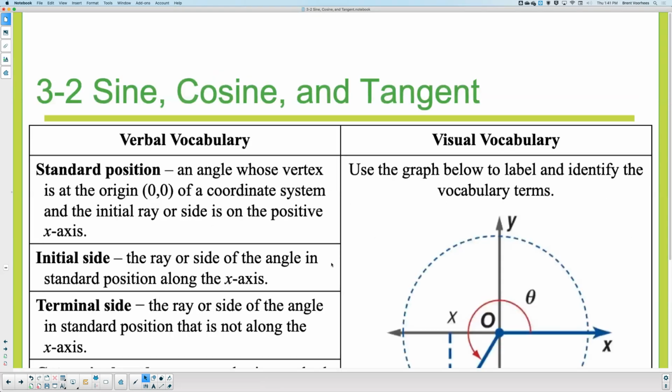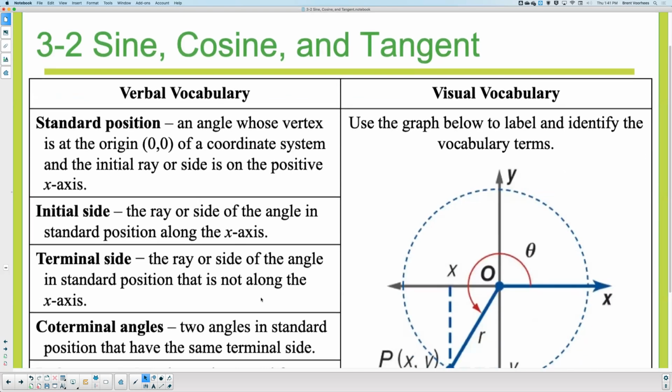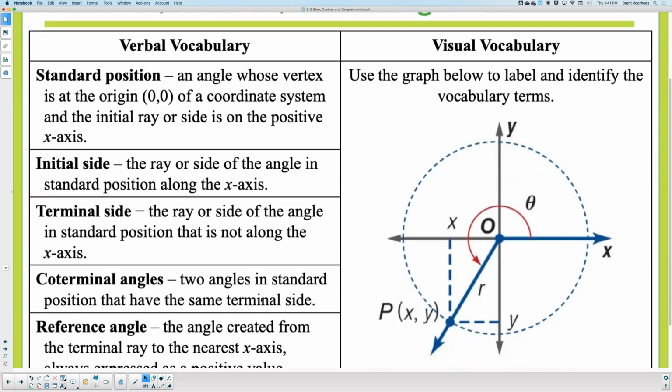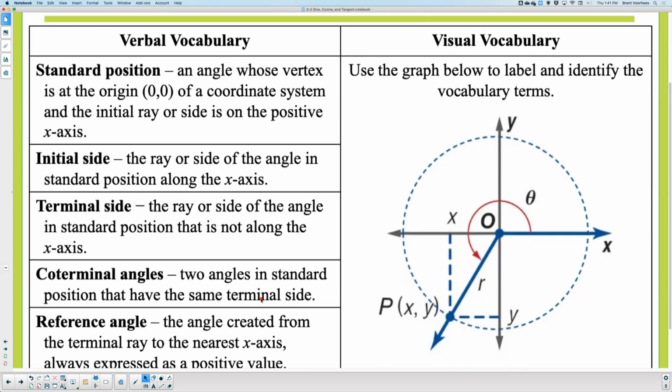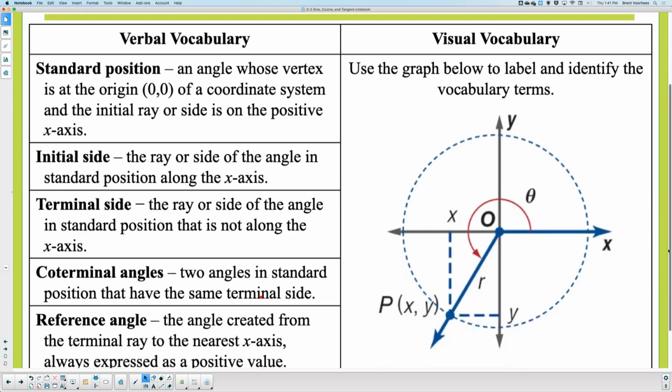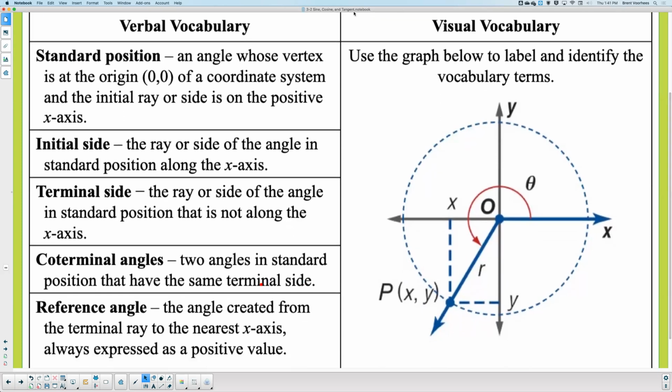Here is some vocabulary that's important to process through and talk about. Let me scroll through here so we can see it all. So first, the words you see here, standard position. In standard position, angles start on the positive x-axis.